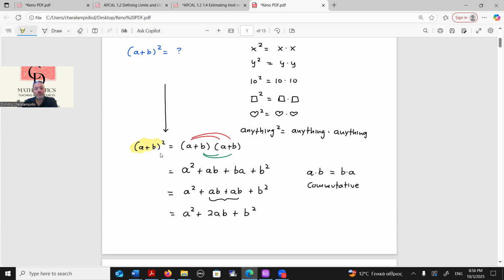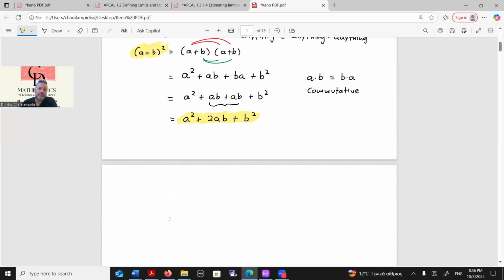You just proved that A plus B squared is equal to A squared plus 2AB plus B squared. And this is called an identity because this statement, A plus B all squared equals A squared plus 2AB plus B squared, is always true for any combination of expressions A and B.